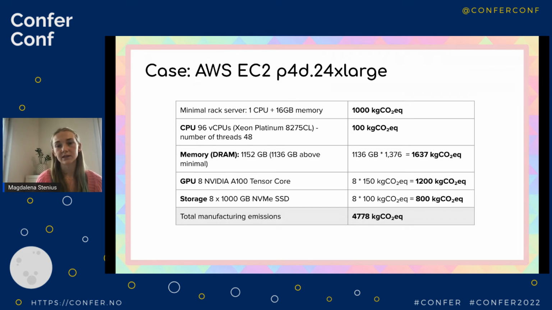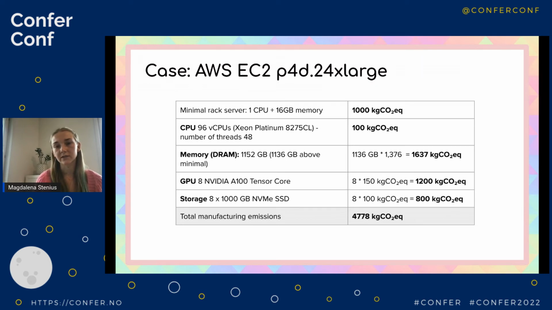Looking at the CPU processor model in that specific instance, which AWS exposes, we find that it's a Xeon Platinum processor, which can multi-thread up to 48 threads at the same time. From there, we can deduce that there are two actual processors or CPUs on that machine. So that means one above the minimal rack server, so we add the amount of one extra CPU.